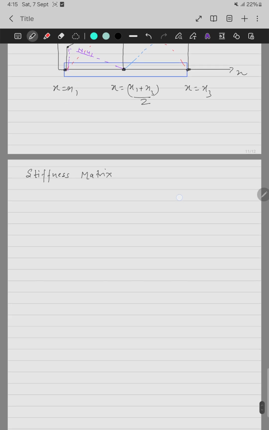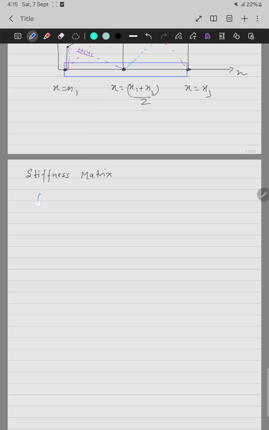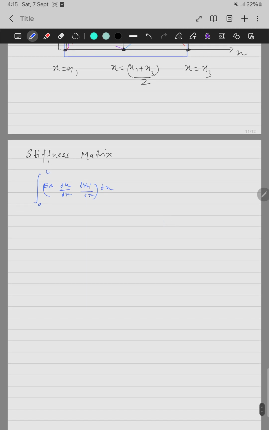Okay, so we know the stiffness term. What was that stiffness term? The general stiffness term we have is integral from 0 to L of EA del U by del X del Ni by del X dx. Okay, so this is our stiffness term. Got it?